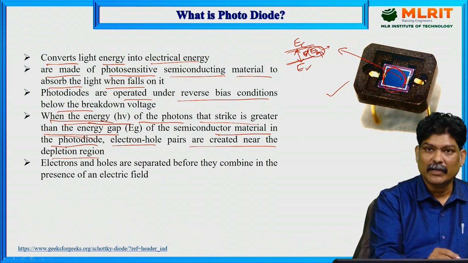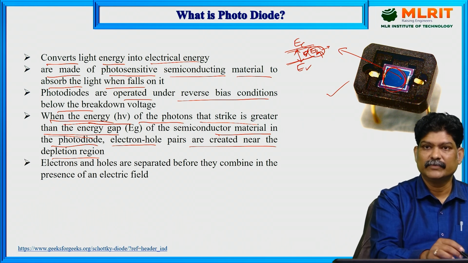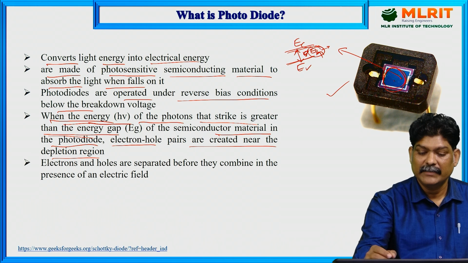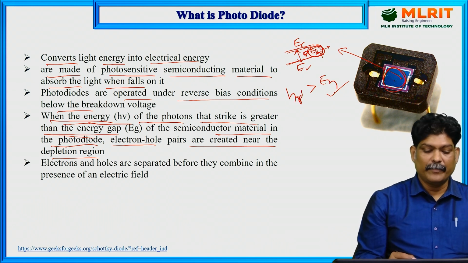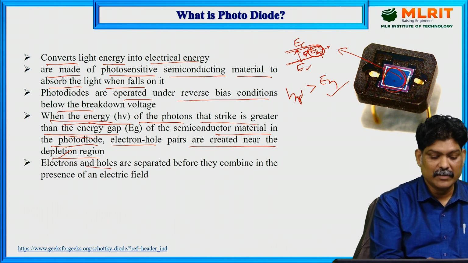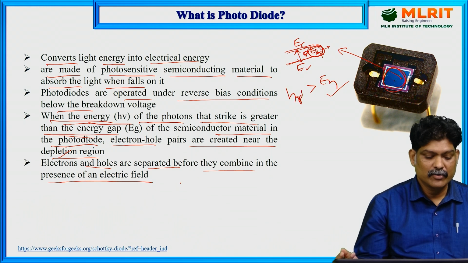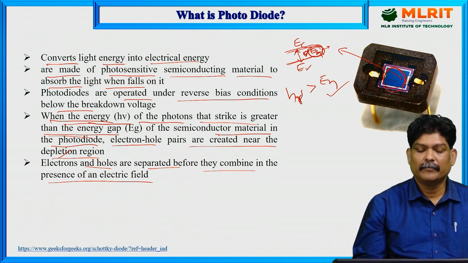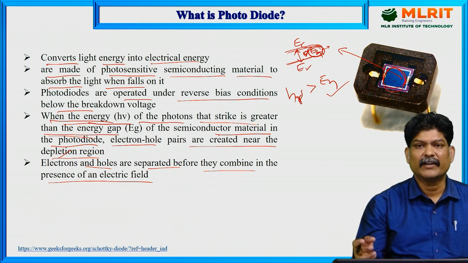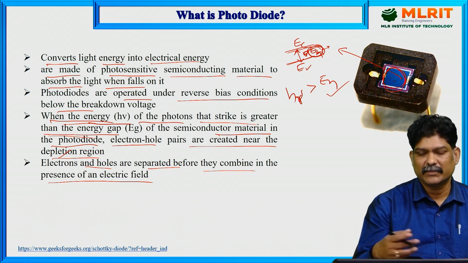Now the photon energy which strikes this component must be greater than EH. That means h nu must be greater than EH. In such case, electron hole pairs are created near the depletion region. Electrons and holes are separated before they combine in the presence of electric field. So after applying the electric field, the electrons and holes are separated.